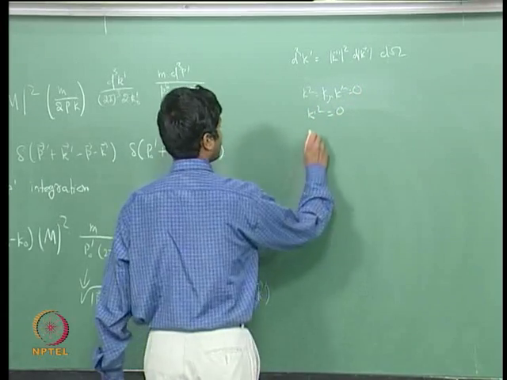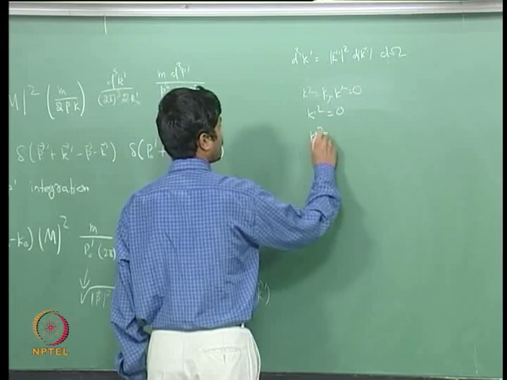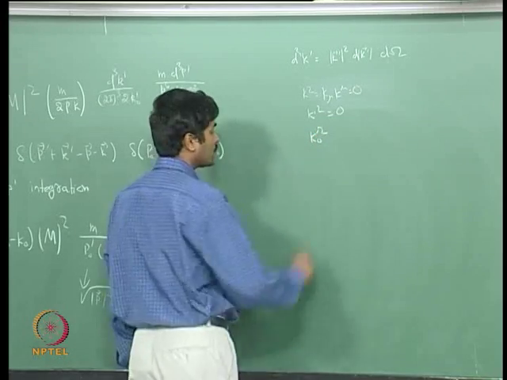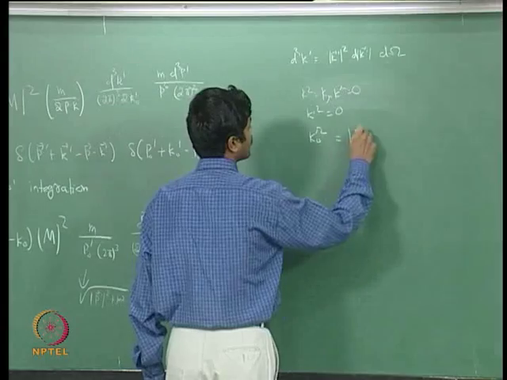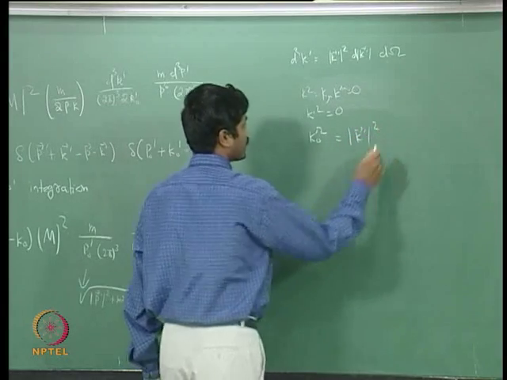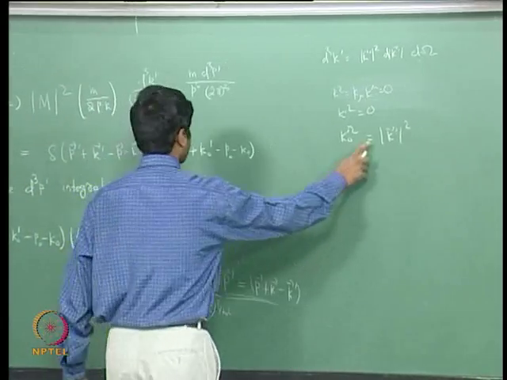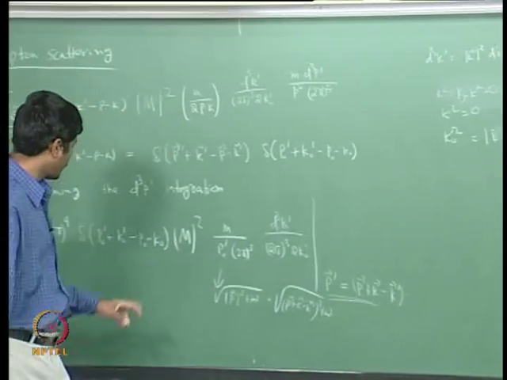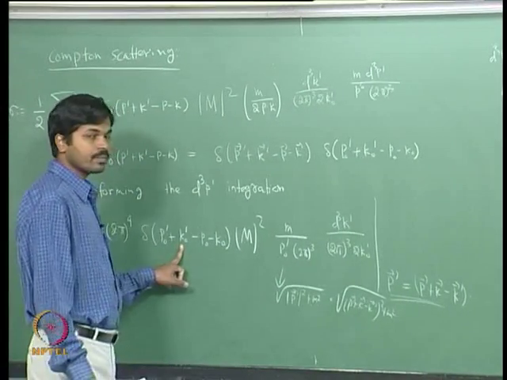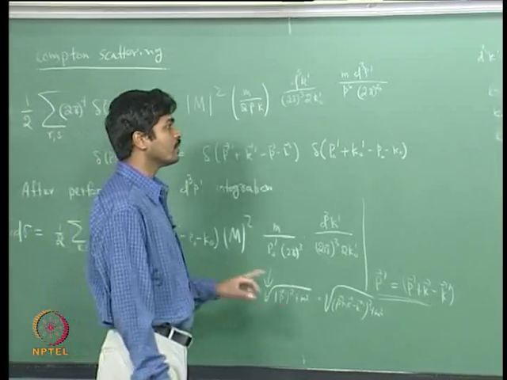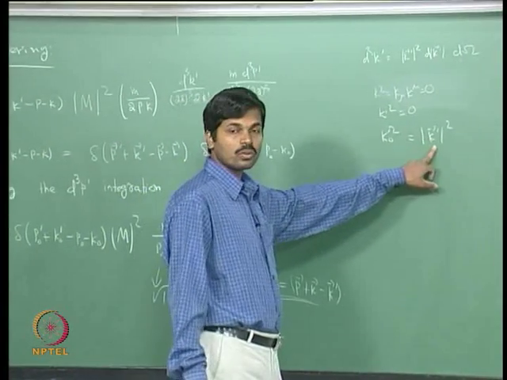Therefore, k0 square, or k0 prime square for photon, is equal to mod k prime square. Okay. This we need to keep in mind. So, whenever you have k0 prime, you need to replace it by modulus of k prime.